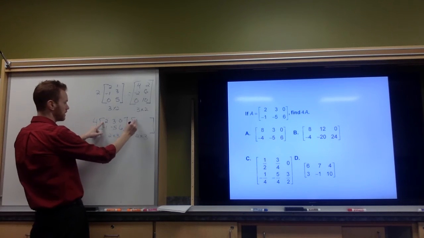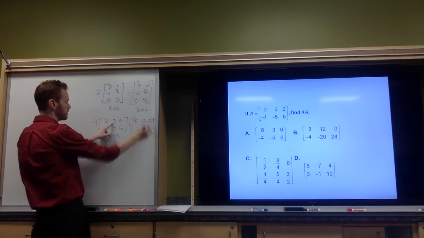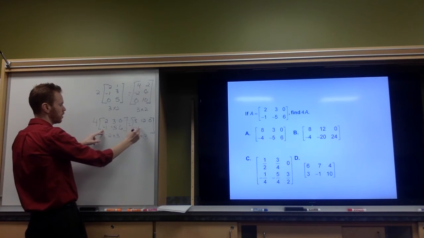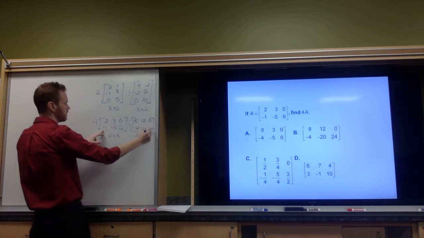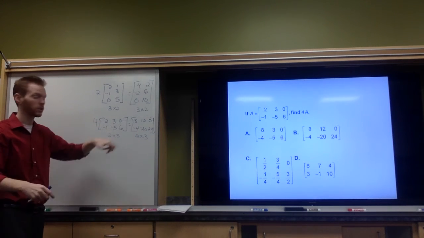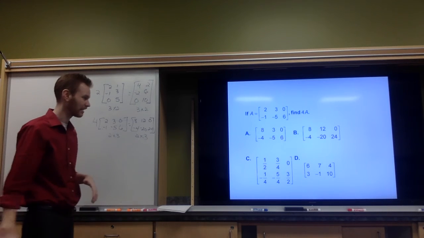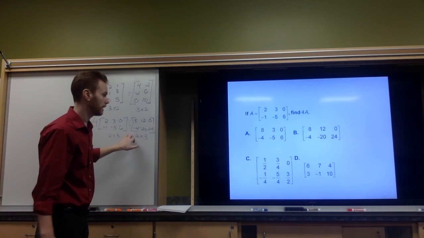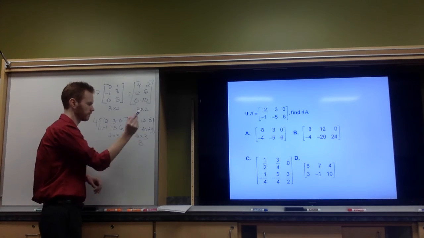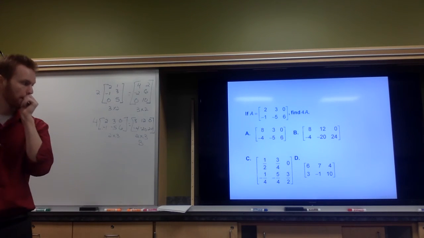So the first row is 8, 12, and 0. The second row would be negative 4, negative 20, and 24. Once again, it's like you're distributing that 4 to the inside of the parentheses. So it looks like my final answer is going to be what? B. So B is the correct answer for that guy.